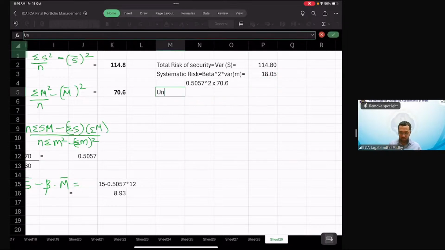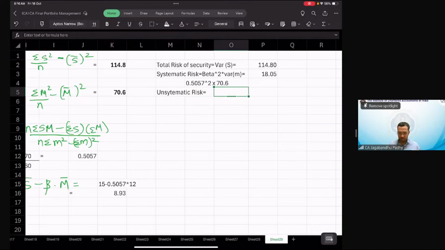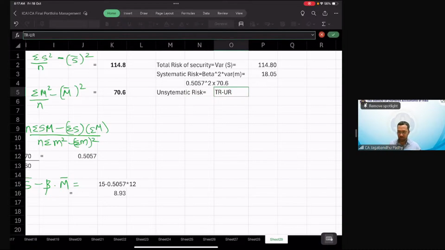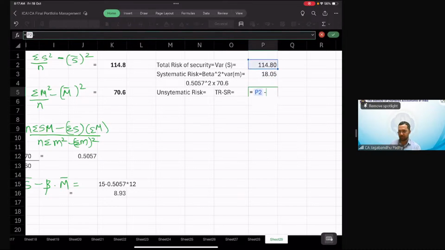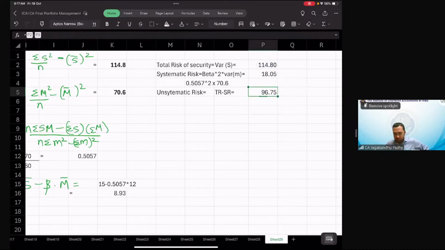Then what will be the unsystematic risk? How do we get the unsystematic risk? That is simple. Total risk minus the systematic risk, which is just the difference between these two. That's the unsystematic risk number. So total variance, variance of the regressed returns, and the variance of the error term, which is the unsystematic risk.